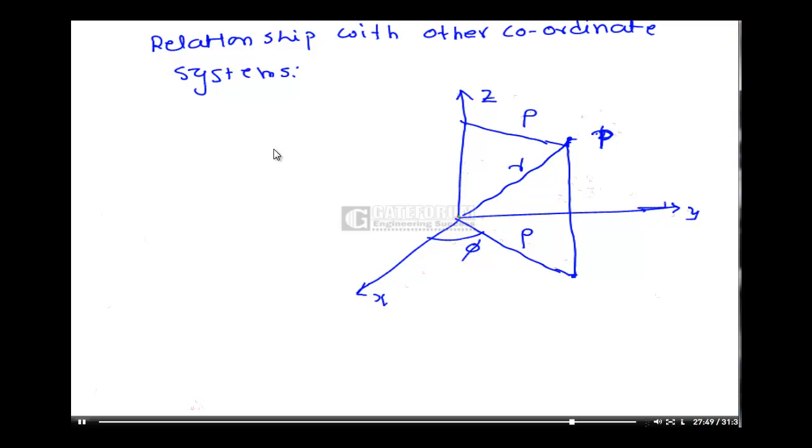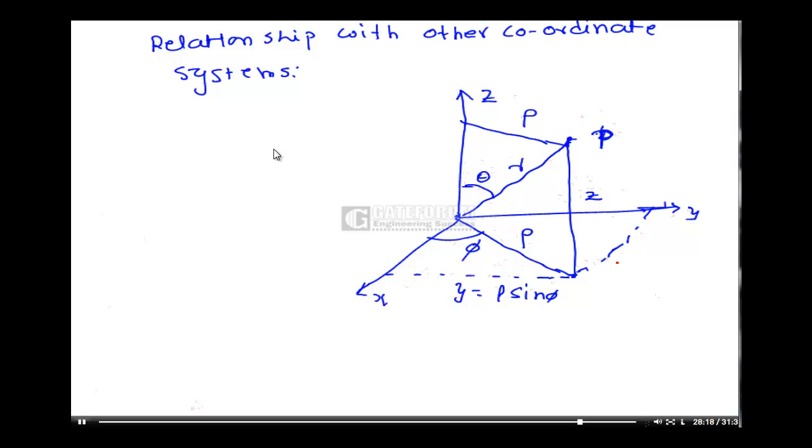Now this is theta, this is r, this is rho. Rho is equal to r sin theta. Similarly, this is z, 0 to z. Z is nothing but r cos theta.